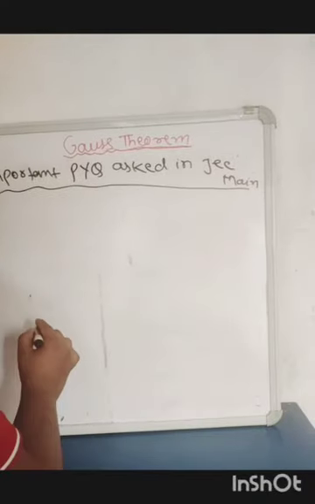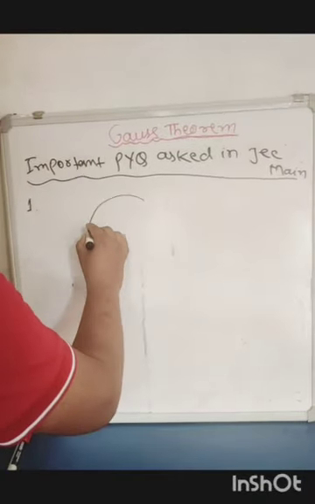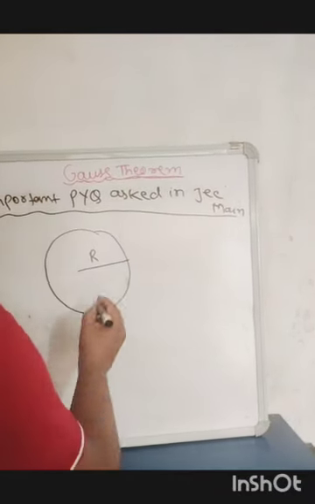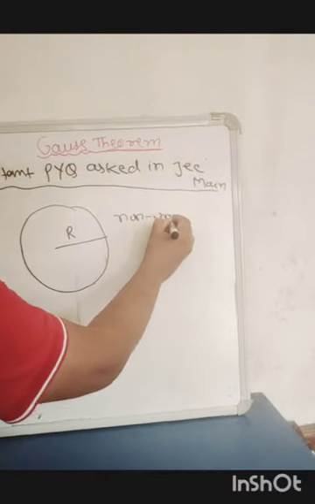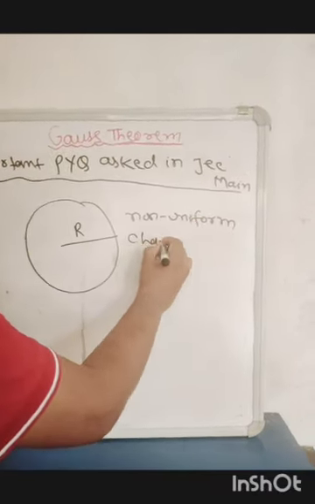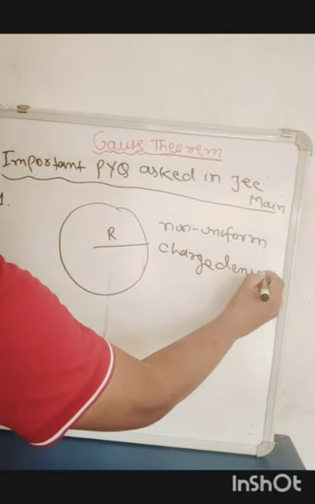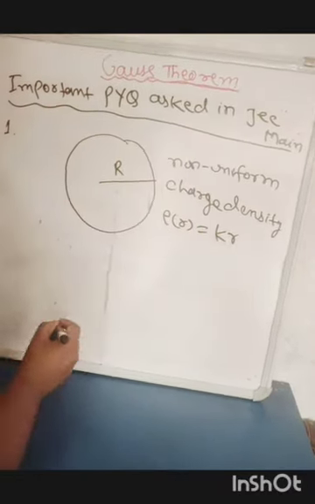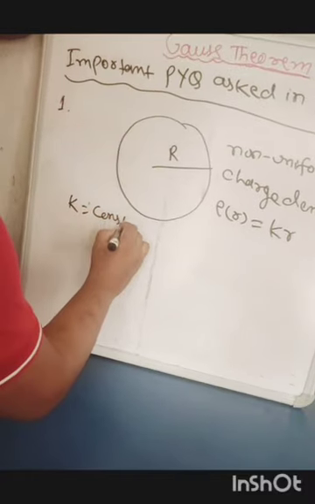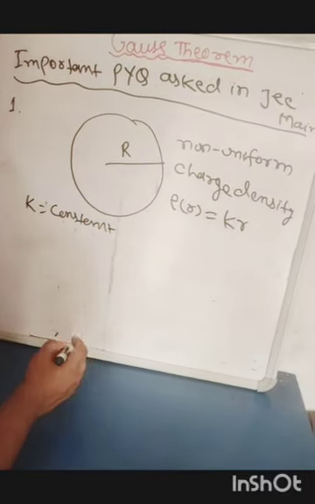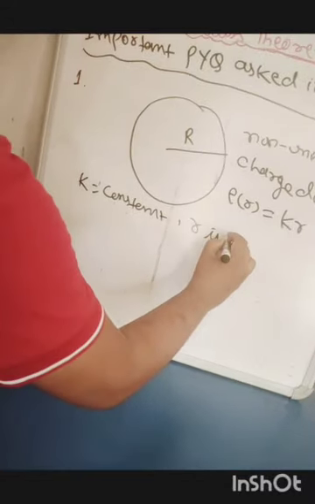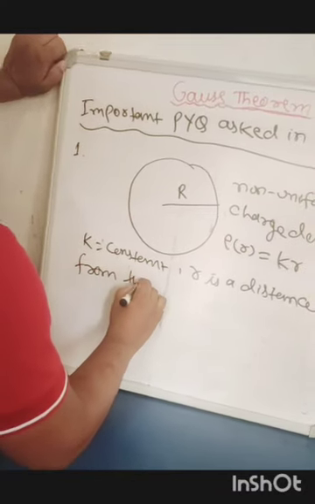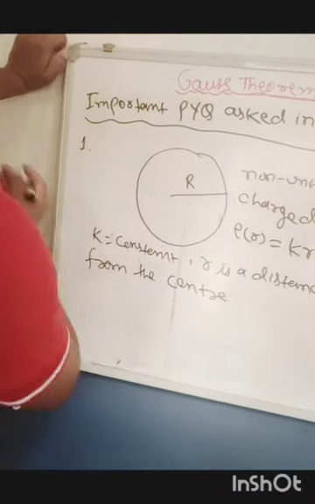The first question is: a solid insulating sphere of radius R has a non-uniform charge density rho of r equals k r, where k is a constant and r is the distance from the center.